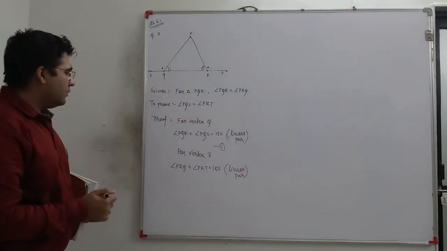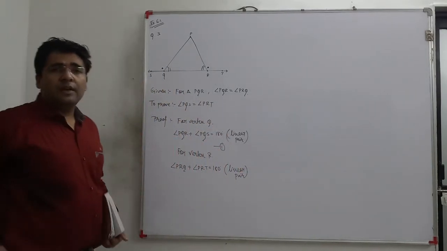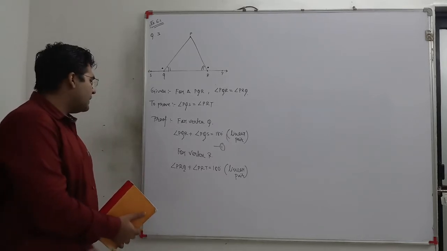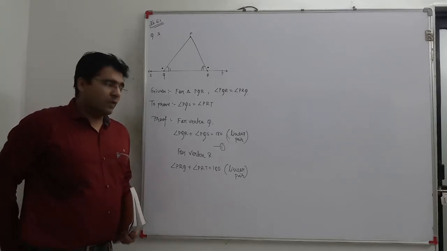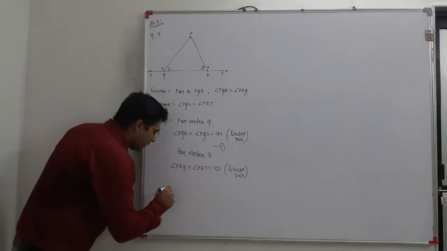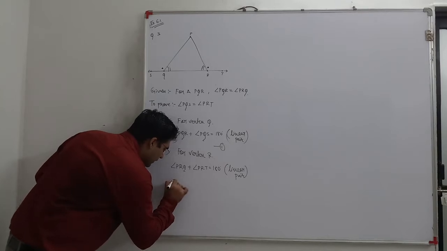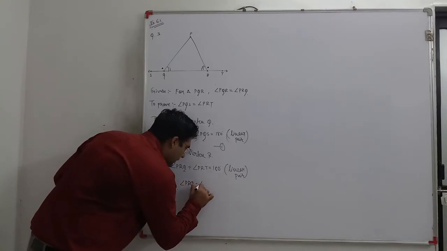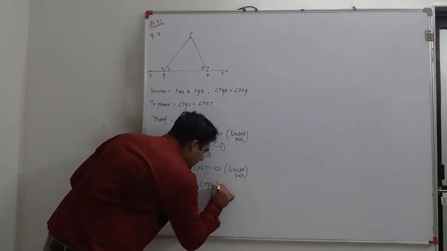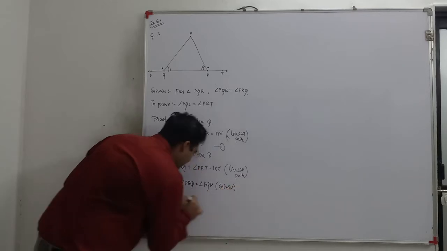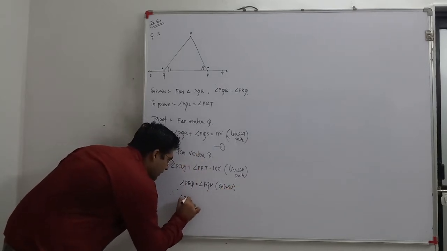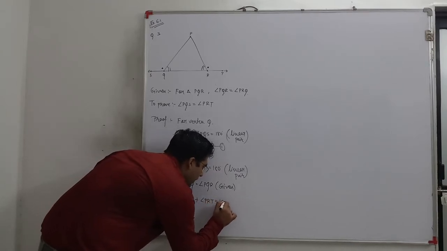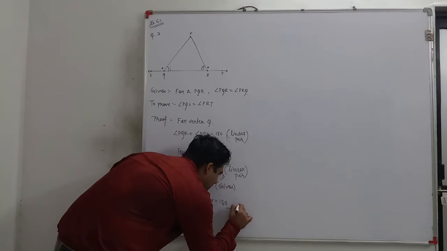And as we know, angle PRQ is equal to angle PQR, as it is given. So in place of PRQ, I will write PQR. Therefore, angle PQR plus angle PRT is equal to 180 degrees. This is my second equation.